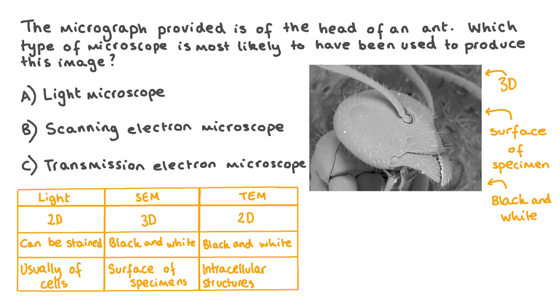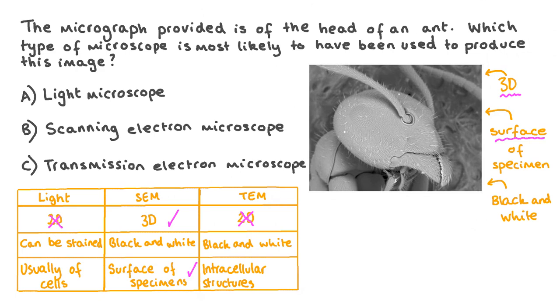The micrograph of the ant is in 3D. Purely based on its three-dimensional nature, both light microscopes and transmission electron microscopes can be ruled out, suggesting that the image was produced by a scanning electron microscope, which does produce 3D images. The image also shows the surface of the ant's head, and we know that SEMs typically produce images of the surface of specimens.